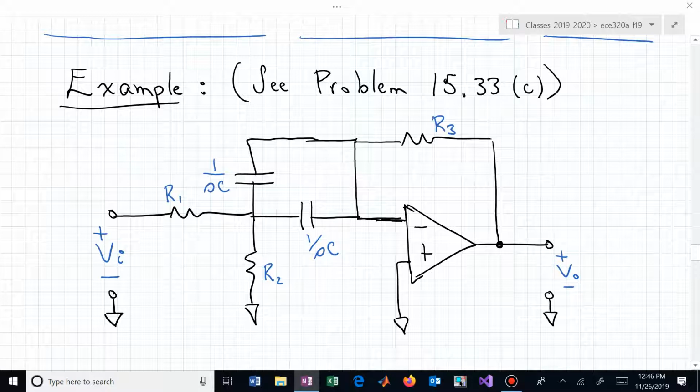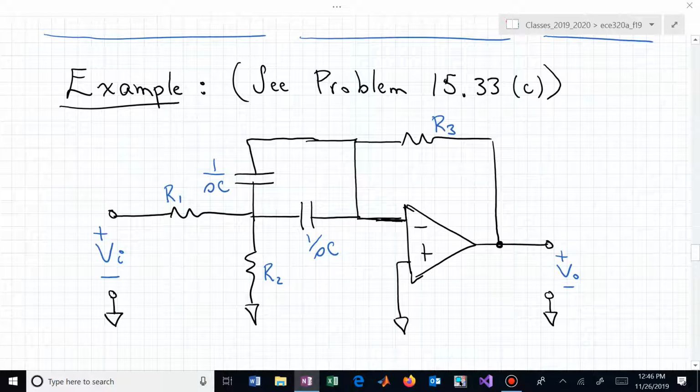What's one of the first questions you want to think about when you're dealing with an op-amp circuit? Do we have feedback, and is it negative? What's the significance of negative feedback? The negative feedback is trying to force the inverting pin and the non-inverting pin to be at about the same potential.